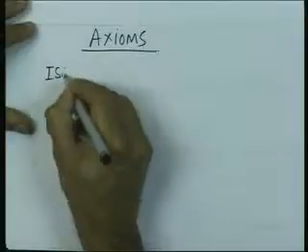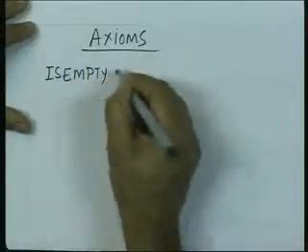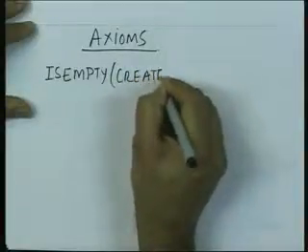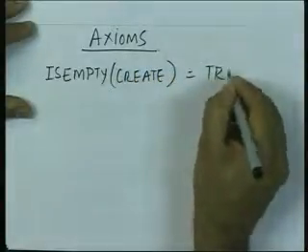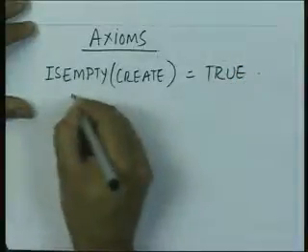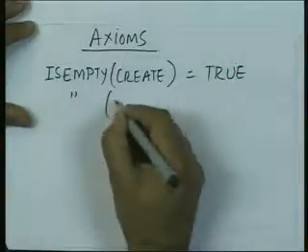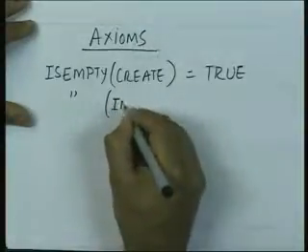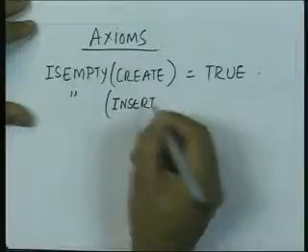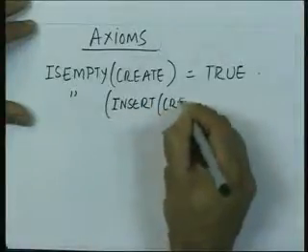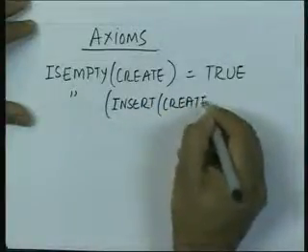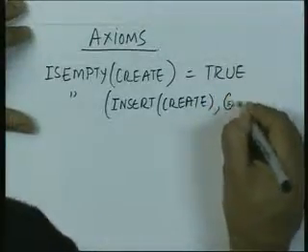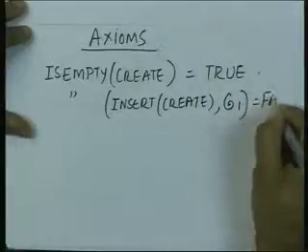So some of the axioms that we can write out are things like, when we create a new list, is empty of a create is indeed true. Similarly, we can say is empty of a create followed by an insert, create comma G1, is false.